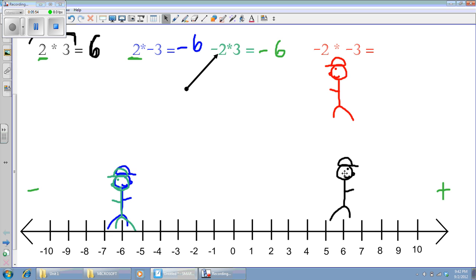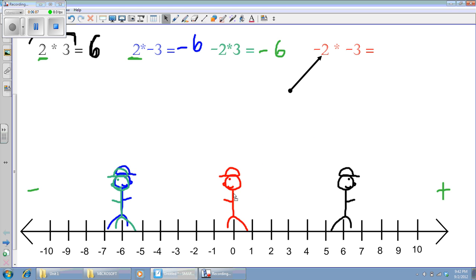So, this red one over here, Bobby needs to face the negative direction because the 2 is negative. So we make him face the negative direction. And then the second number here, this tells us if he moves forwards or backwards, right? The positive 3 that we saw here, that was the black one.